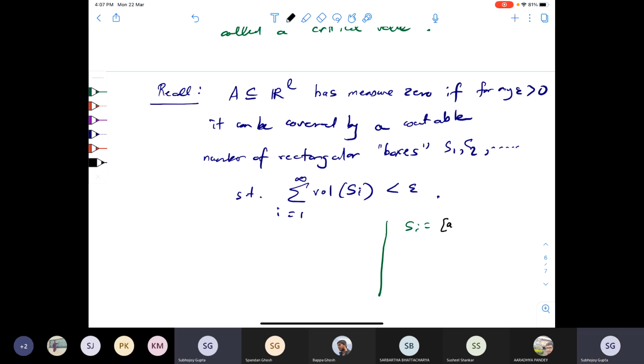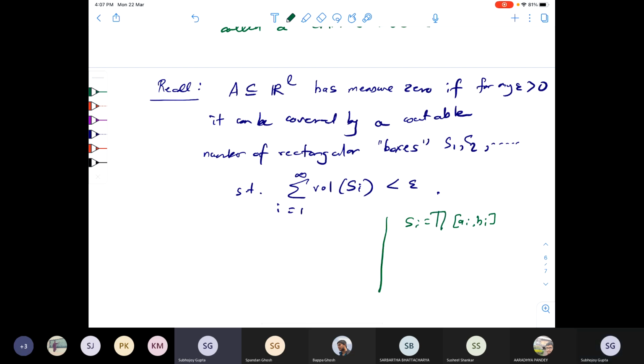It's a product of intervals, right? That's what a box is. So, sort of a_i, b_i cross... sorry, I'll just use this notation here: 1, 2, sorry, L, right?